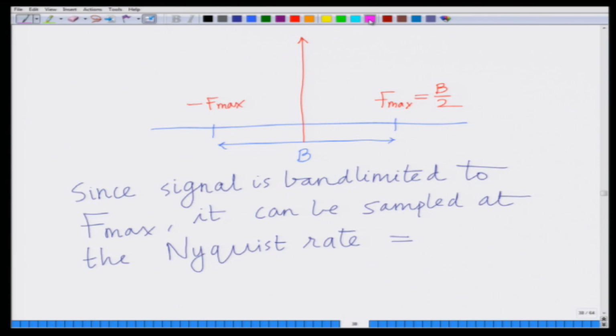We all know from the Nyquist sampling theory that the Nyquist rate equals 2 f max, which is equal to twice B by 2, which is equal to B. So, since this signal is band limited, the total bandwidth is B, the maximum frequency f max is B divided by 2. Therefore, this signal can be sampled at the Nyquist rate, which is twice f max, which is B, right.